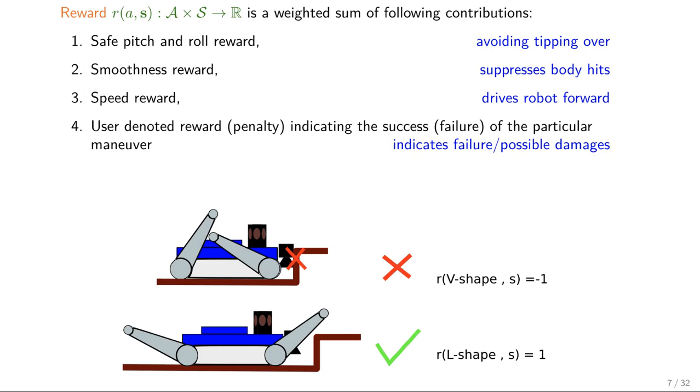So an alternative is that you design the reward such that some reward is available basically in every state, such as safe pitch and roll, avoiding tipping over, smoothness. It's better if you drive faster. And then there could also be a way for the user, let's say this firefighter that is possibly teleoperating the robot, to provide rewards.